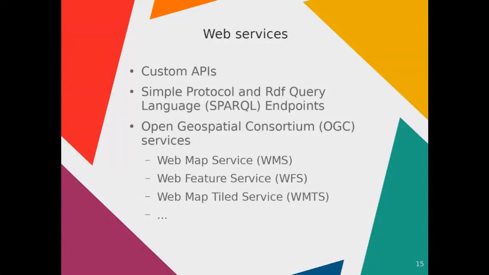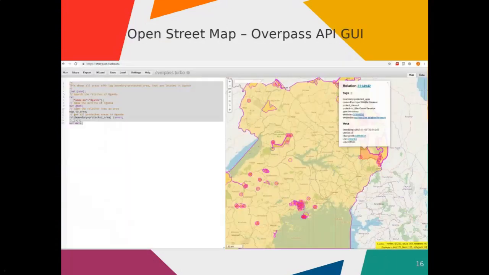For example, nowadays it's quite popular to create RDF triple stores, and then the user can connect to this database interface and issue a query to the data by typing it in the RDF query language, SPARQL for short. It's also very popular to use services that are published by the Open Geospatial Consortium, OGC, for example, web map services that you heard about today, web feature services, WFS, and web map tiled services, WMTS, and this is just some example.